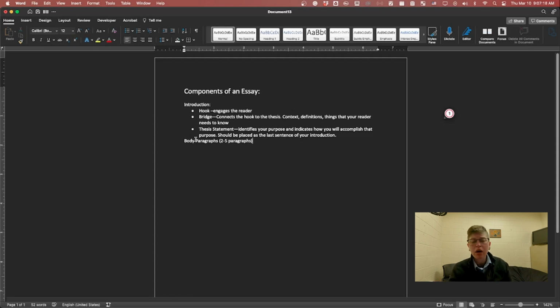You don't want to go 10, 12, 15 sentences, especially not for one, and then 4 for another. You want to keep it consistent and even. And you want to make sure that you have enough information for your reader to understand, because the purpose of these body paragraphs is to give your reader more information. This is the meat and potatoes.